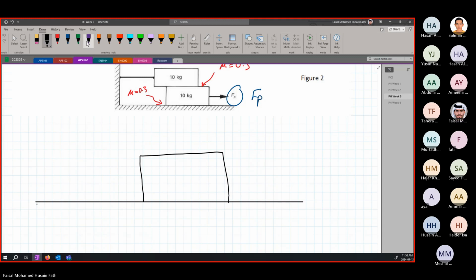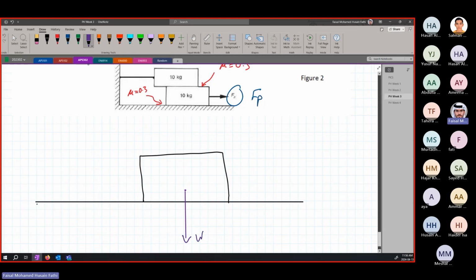We have the weight of the block, W1, which is the first block. Then we also have the weight of the second block applied as well. I'm going to use a different color for the second weight, so we also have W2. Why? Because there is a weight that is being applied to it.